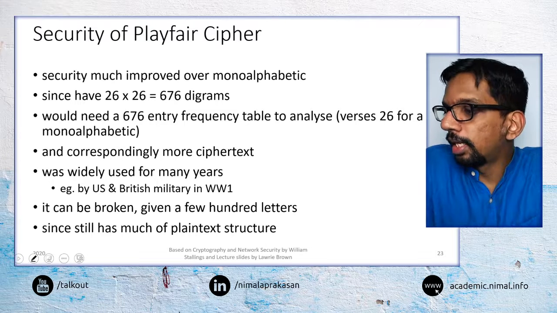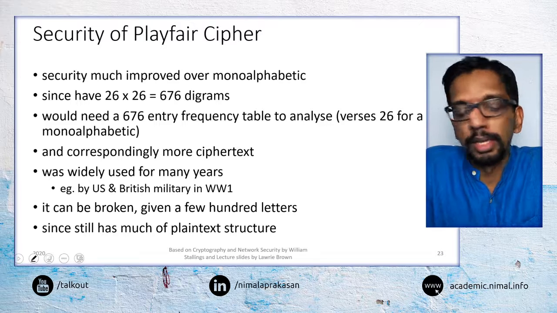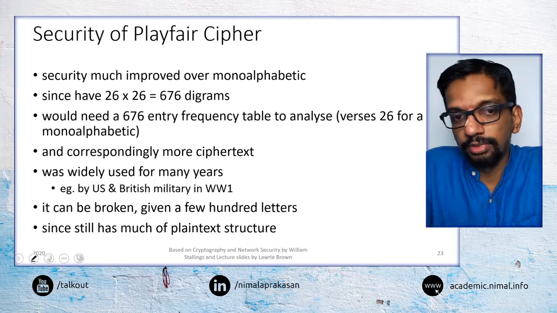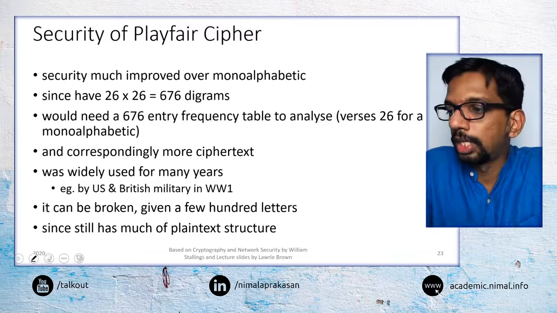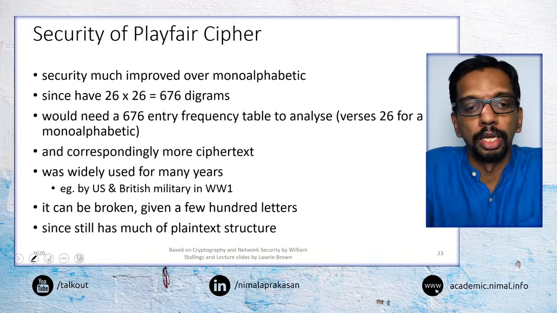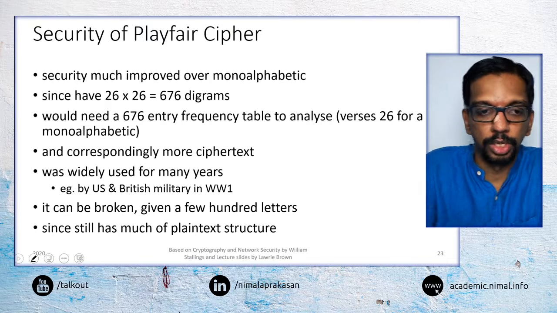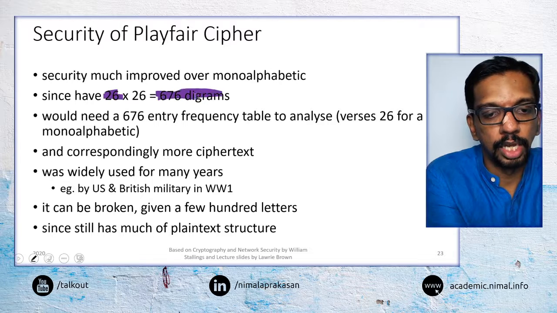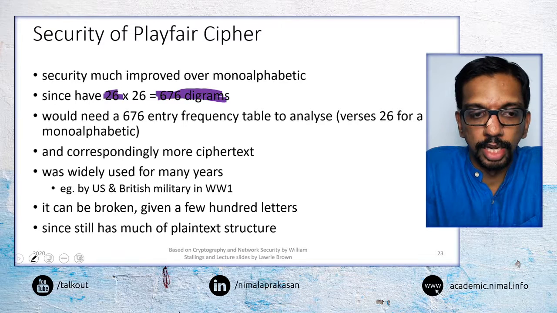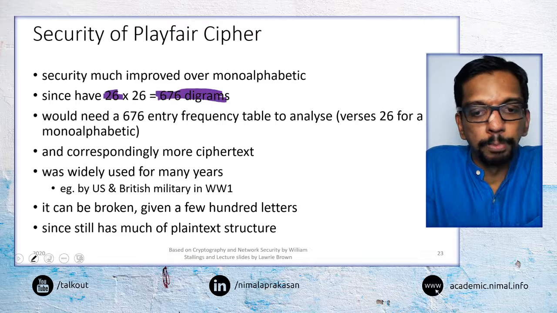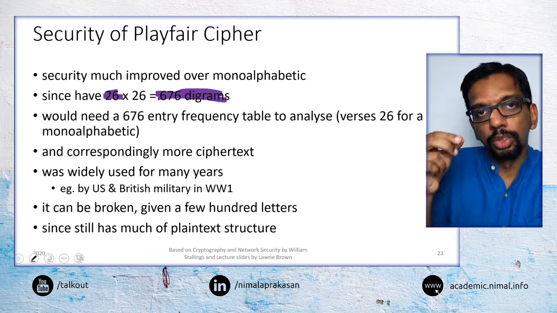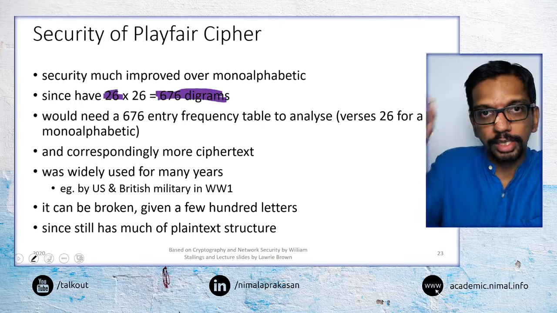Now if we think about the security of Playfair cipher, when compared to monoalphabetic ciphers, Playfair will have much higher, improved security. So instead of 26, now we have 676 diagrams. If you want to do frequency analysis, we can't do frequency analysis for 26 letters.